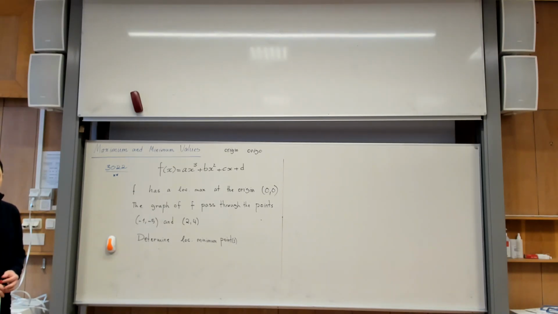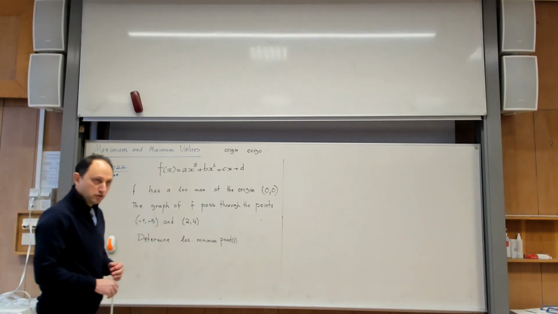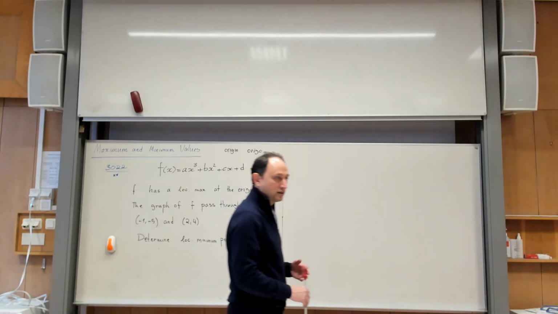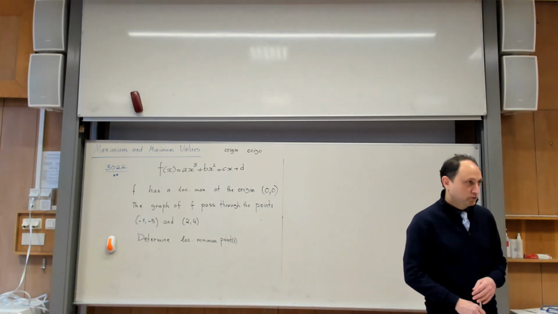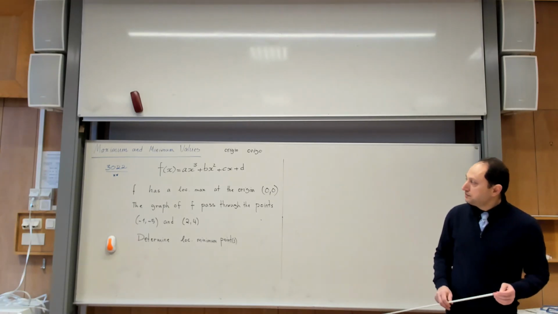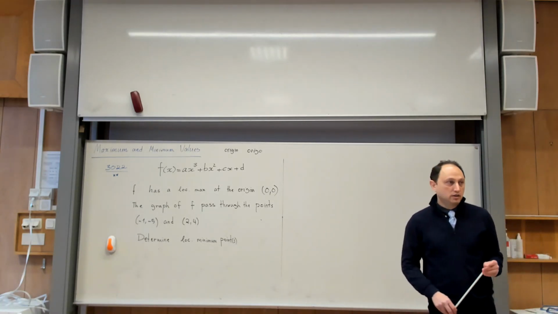Yes, 4. So if you have 4 unknowns, in principle, I have to provide you 4 pieces of information, and then I might expect that you can find all of them for me, yes? But how many pieces of information do you see here?